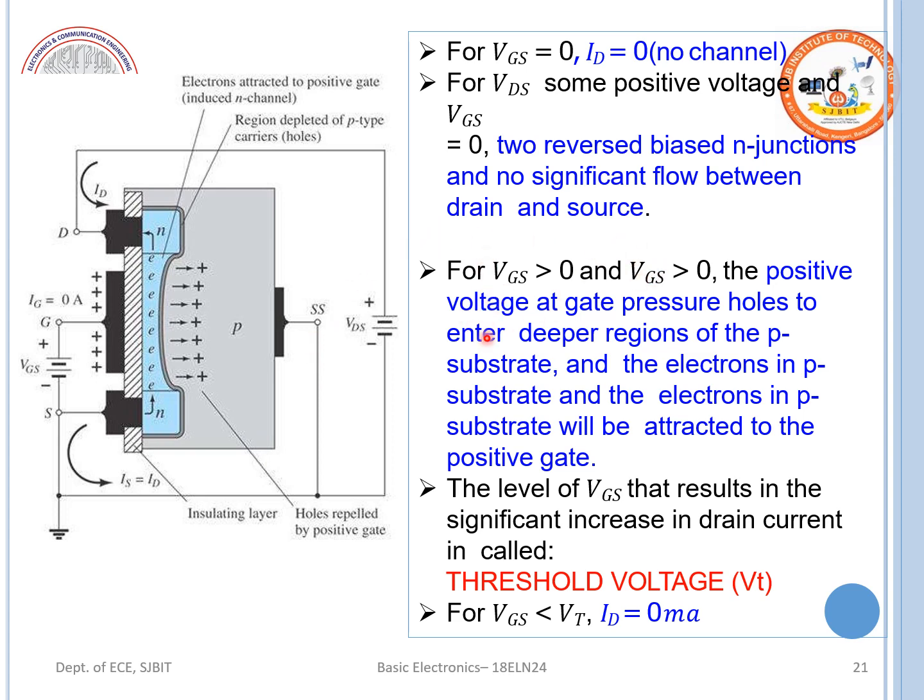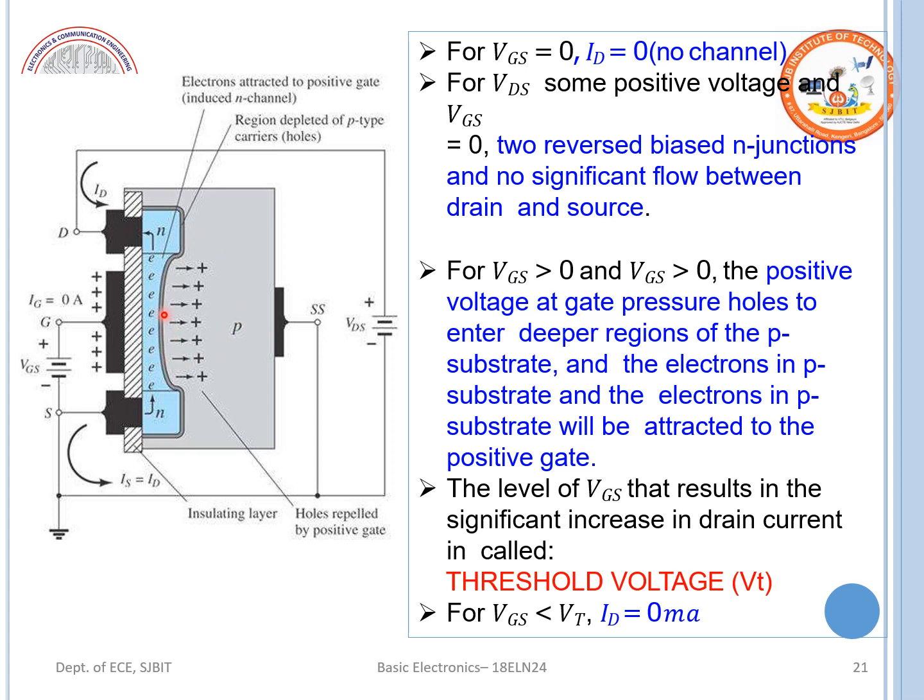For VGS greater than 0 and VDS also greater than 0, the positive voltage at the gate pushes holes to enter deeper regions of the P substrate, and the electrons in the P substrate will be attracted to the positive gate.